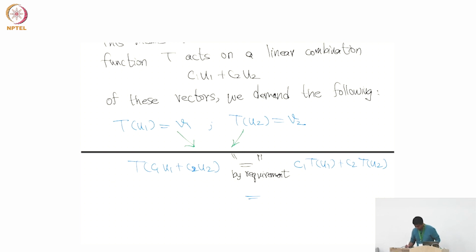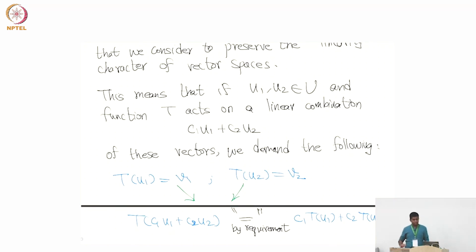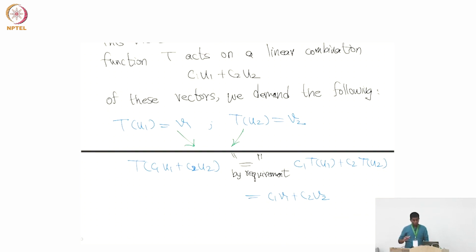That is, this is equal to c1 v1 plus c2 v2. There are many functions you can consider between the spaces U to V, but we are interested in considering such functions for the moment which preserve this linearity structure that we have for the vector spaces. This by definition is what is called a linear function.